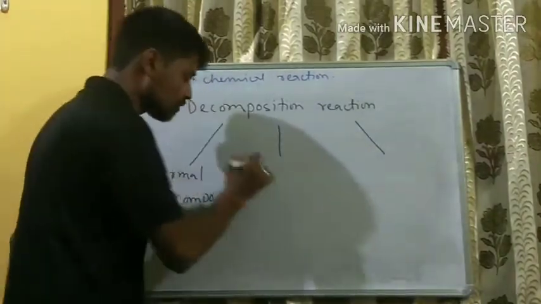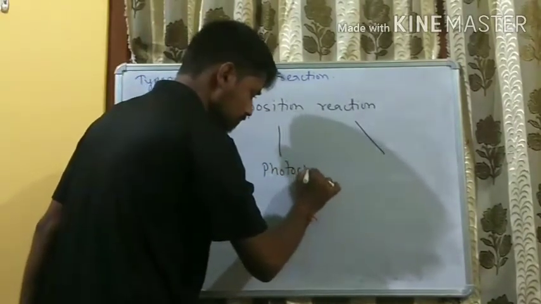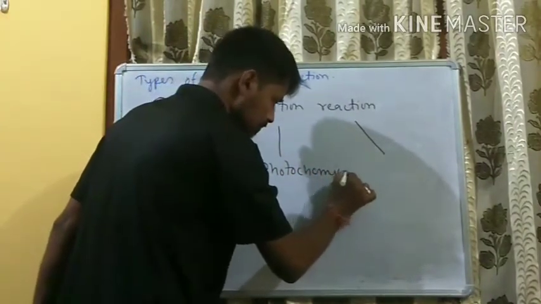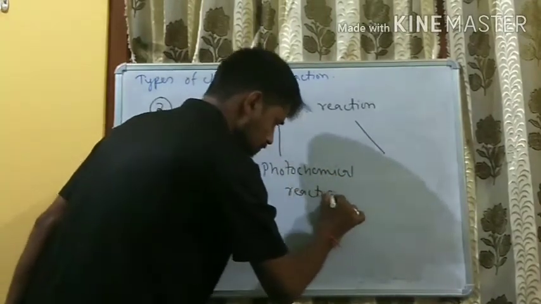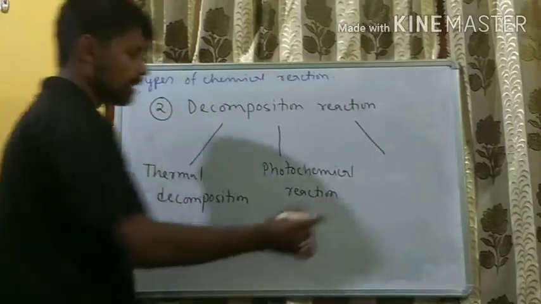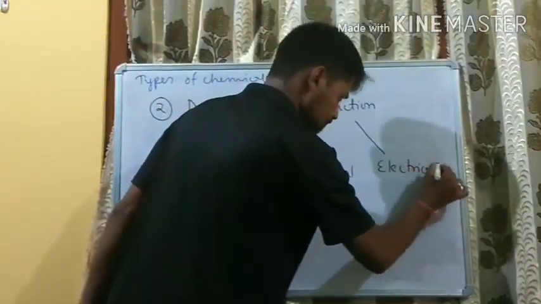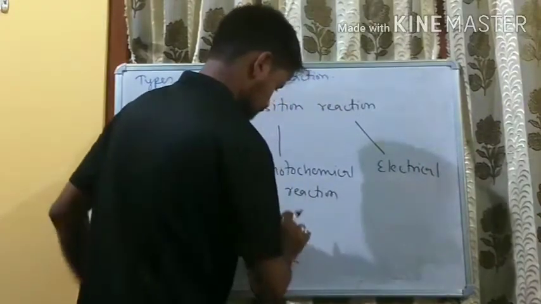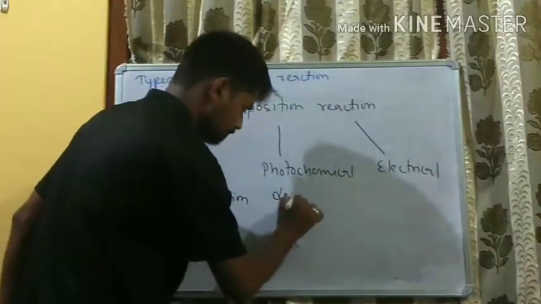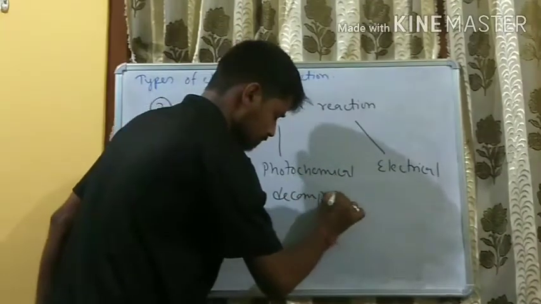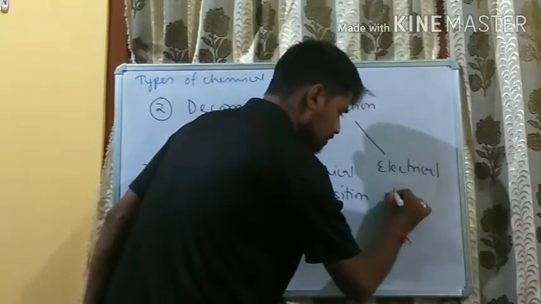Second is known as photochemical decomposition. And third one is known as electrical decomposition.